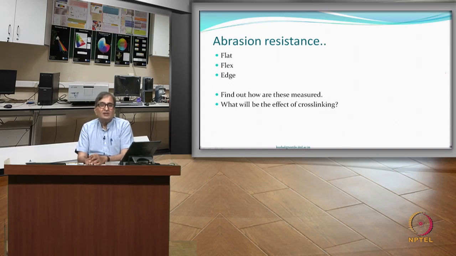As far as cross-linking is concerned, you can appreciate that anything which becomes stiff is likely to be abraded more, because the abrading surface is much more resistant and much stronger compared to the textile. And if the textile, instead of becoming flexible, is rigid and more stiff, then the abrasion resistance will go down.